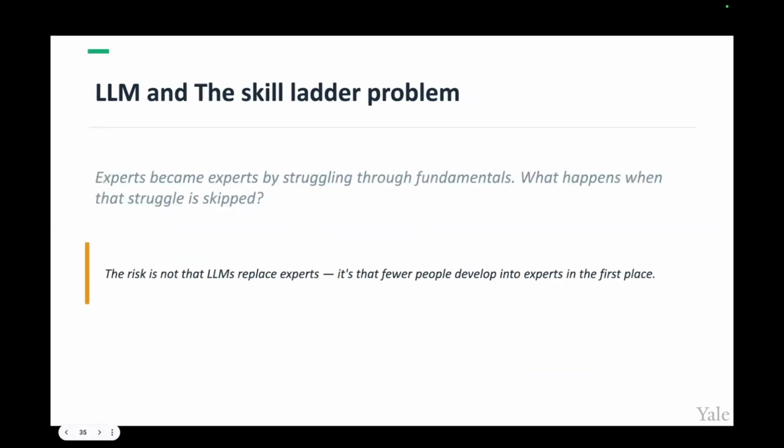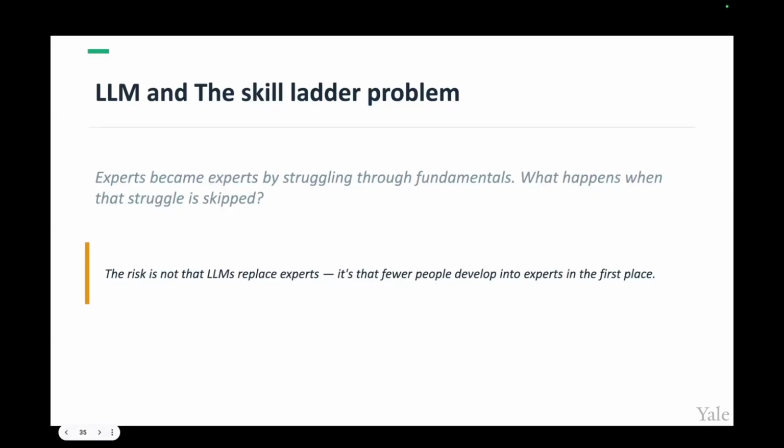This is similar to the LLM and the skill ladder problem, which means that experts become experts by struggling through the fundamentals. What happens if you skip the struggle? And this is the question here.